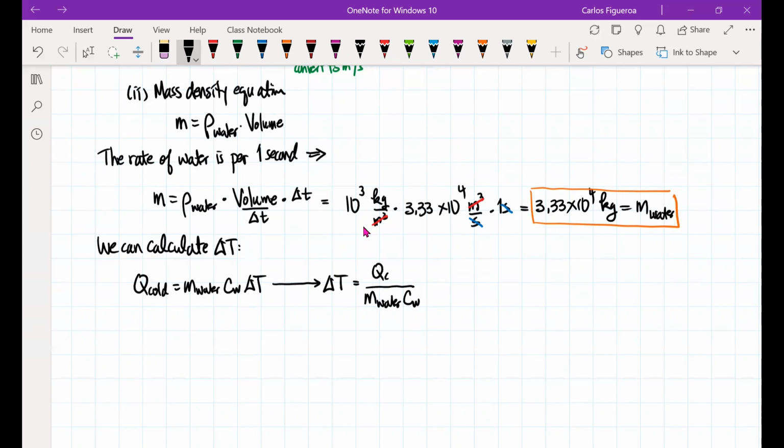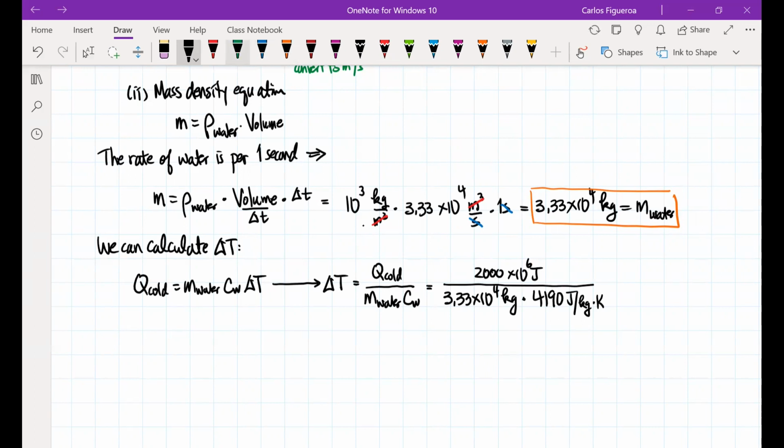That's 3.33 times 10 to the 4 kilograms, with a specific heat of 4190 joules per kilogram Kelvin, and Q cold of 2000 times 10 to the 6 joules.